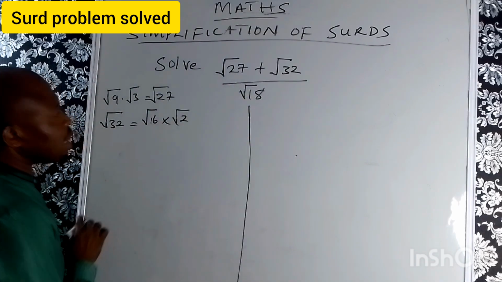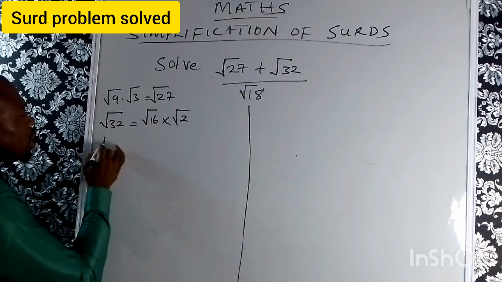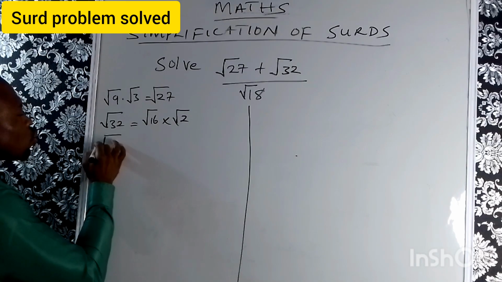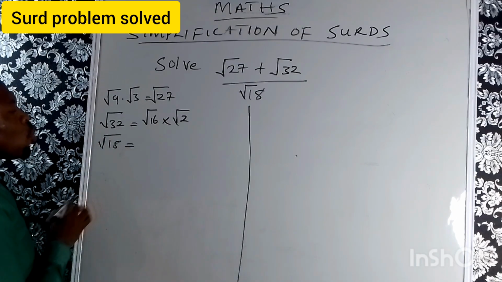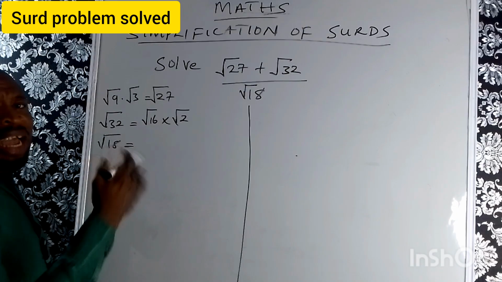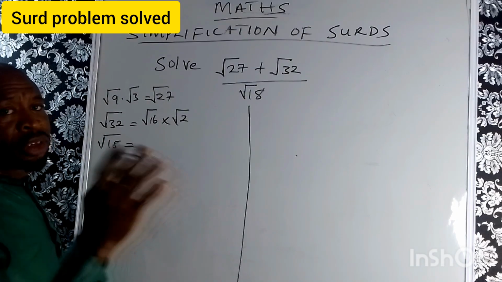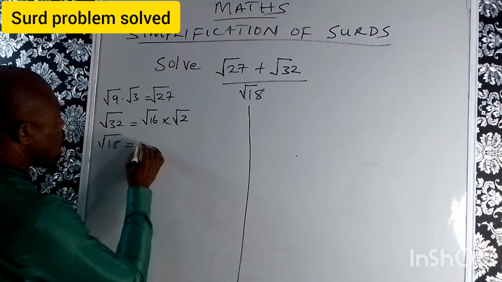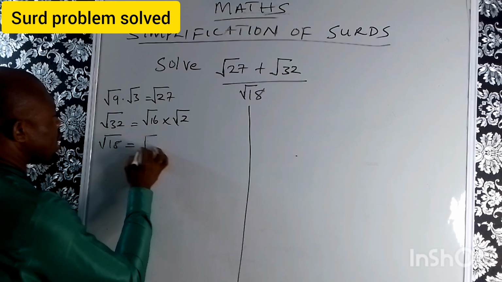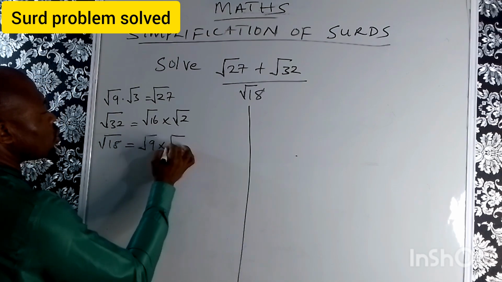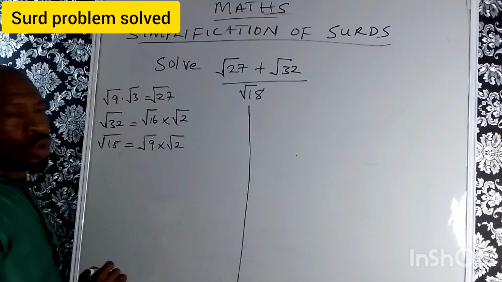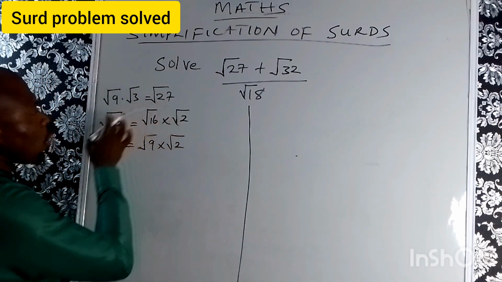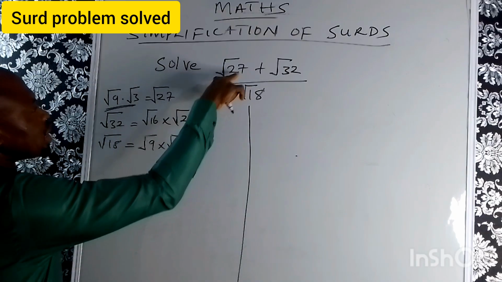Now, express 18. The square root of 18 will give us 9 times 2, so we have the square root of 9 times the square root of 2.